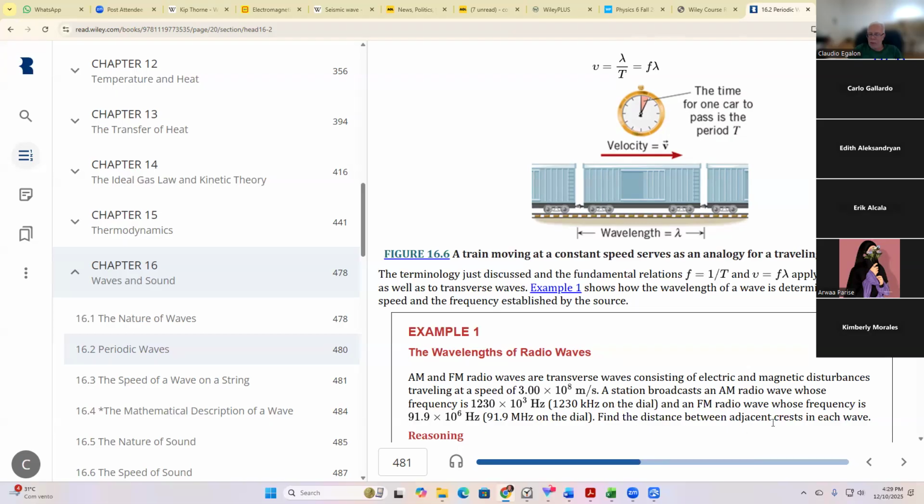Find the distance between adjacent crests in each wave. If you know the frequency, find the wavelength. You use this formula here. You know the frequency, you know the speed of the wave, it's a radio wave. You can solve for lambda.